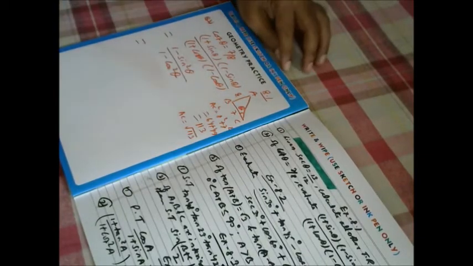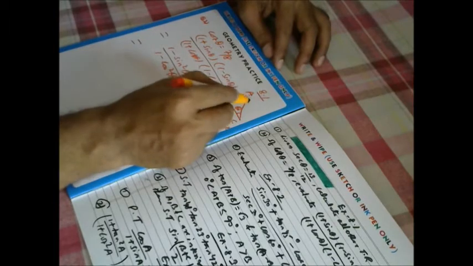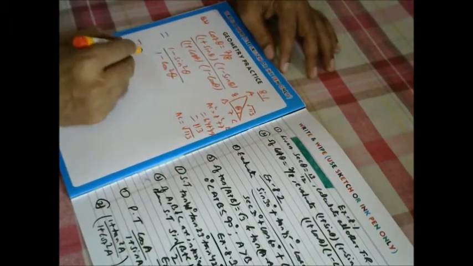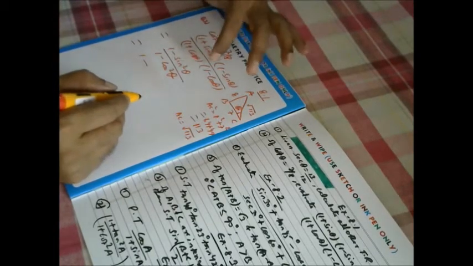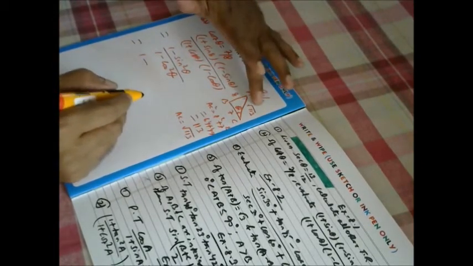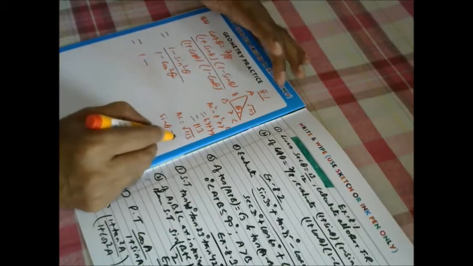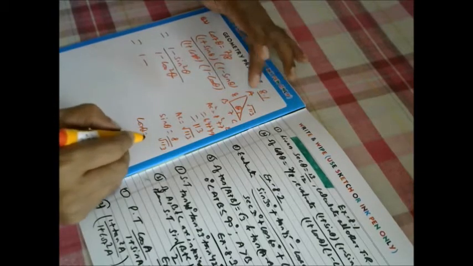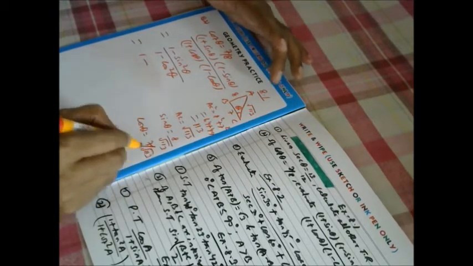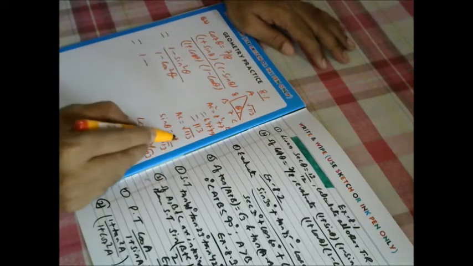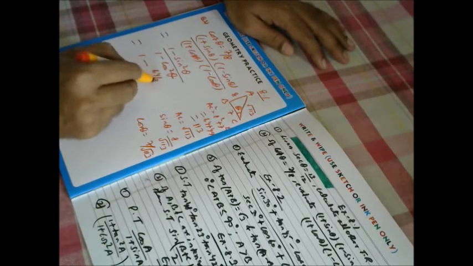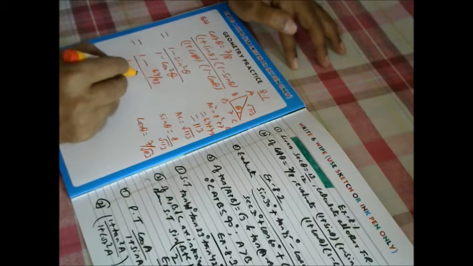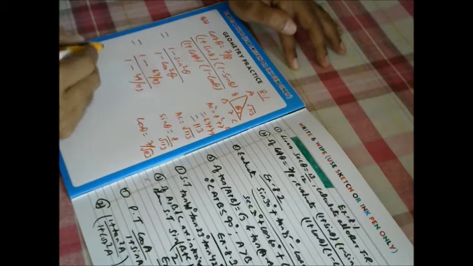Now let AC be root 113. So 1 minus sine square theta: sine theta is 8 by root 113, and cos theta is 7 by root 113. So 1 minus sine square theta is 1 minus 64 by 113, and 1 minus cos square theta is 1 minus 49 by 113.